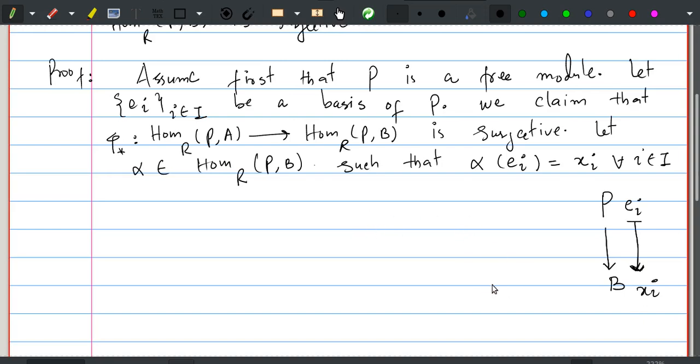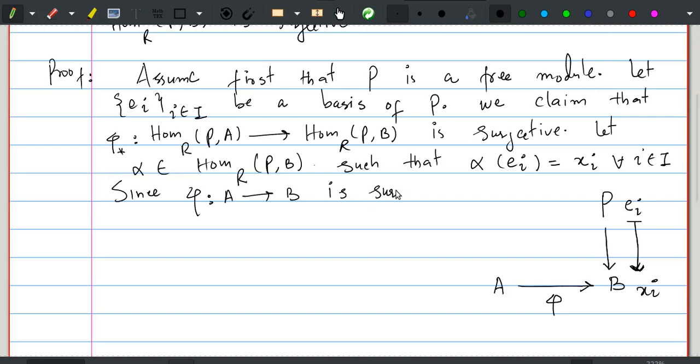Now here we have a module homomorphism phi. This phi from A to B is given to be surjective. So this x_i has a pre-image in A, so we can find some y_i in A such that phi of y_i is x_i.